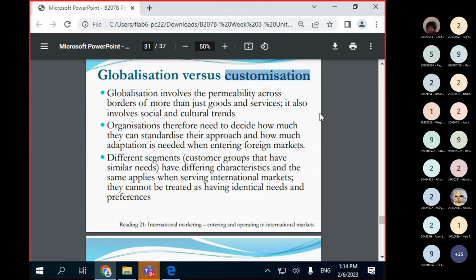All right, so we have many global organizations around the world, and in your TMA, you will be choosing a global company. It could be Zara, it could be McDonald's, it could be Tesla, Toyota, it could be Apple, Sephora, anything, any global organization of your choice, okay?